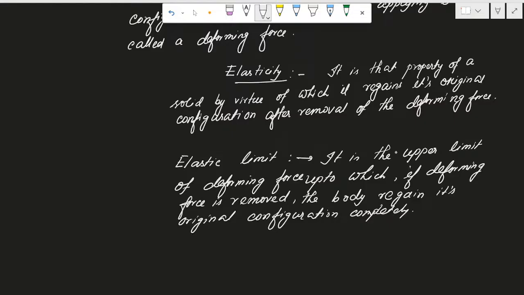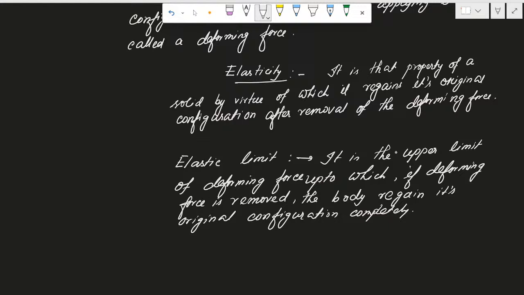That means suppose you are applying a deforming force of 60 Newton, and for a solid the elastic limit is 100 Newton. Up to 100 Newton you can apply deforming force, there is no problem. If you apply up to 100 Newton and then remove it, the body will regain its original configuration completely.